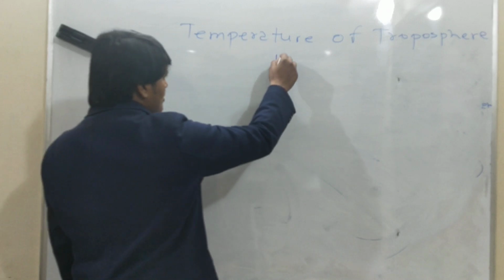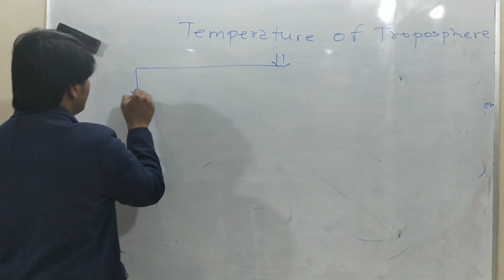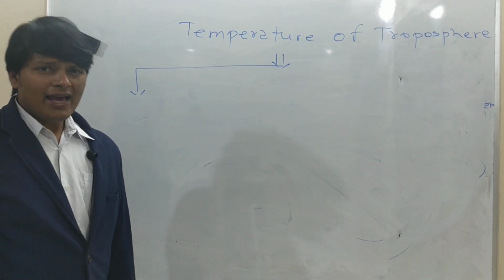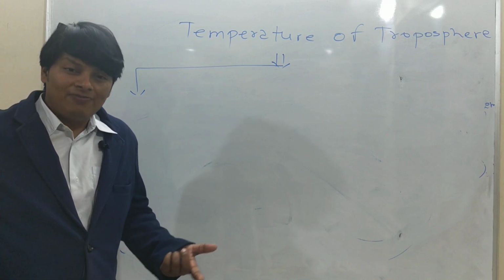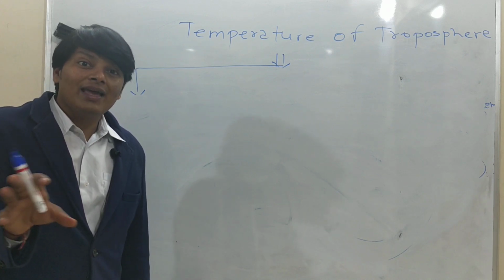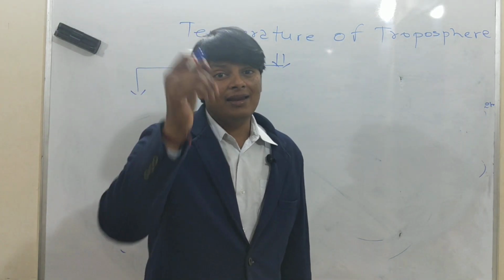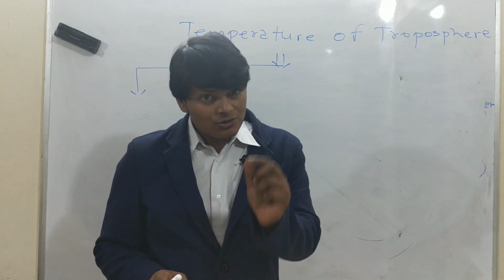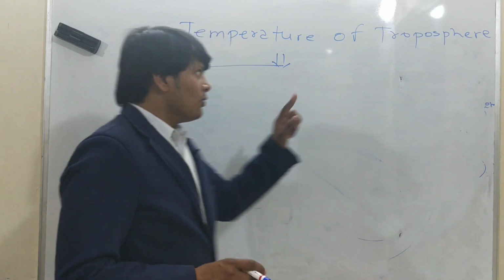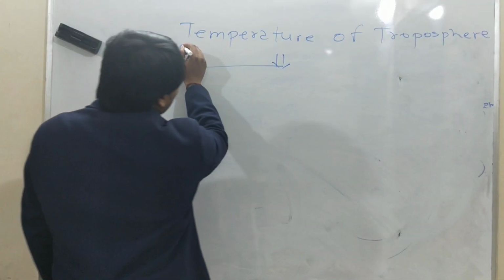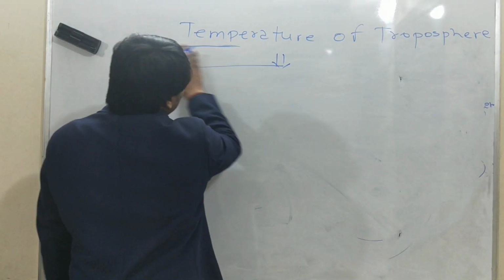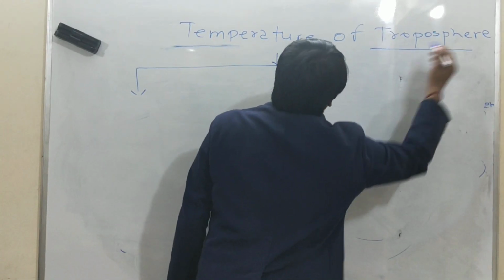So if I talk about the temperature of the troposphere, there are two things. There should be some substance which absorbs the heat, and by absorbing the heat, the temperature can increase. So what substance, what particles belong to the troposphere?